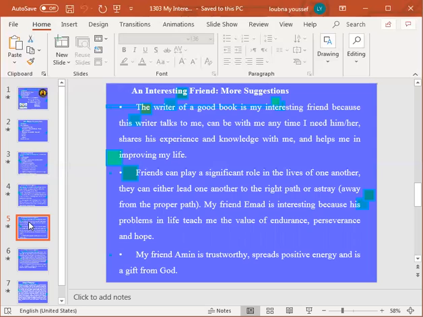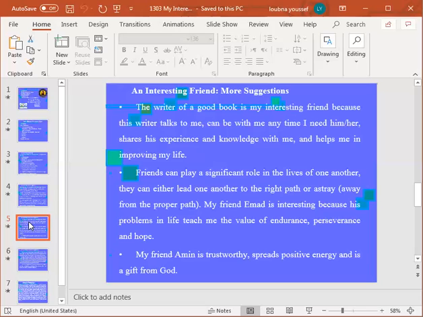Now, another possible suggestion. Friends can play a significant role in the lives of one another. They can either lead one astray or to the right path, meaning friends can have a good impact on you, or they can have a bad impact on you.